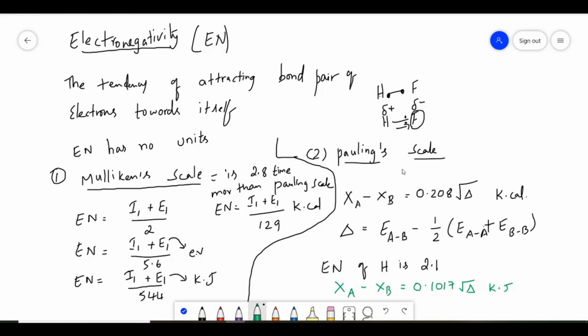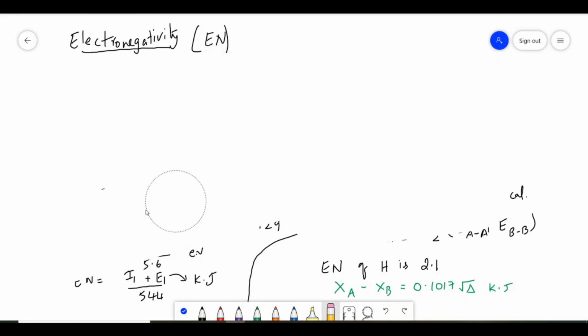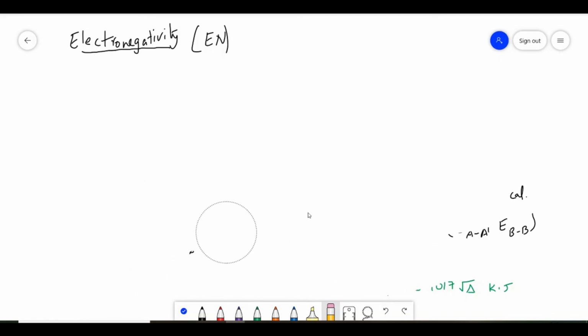And next, after calculating the Mulliken scale and Pauling scale, we can know how the electronegativity will vary in a group and period. So in this, the electronegativity definition is important, and the Mulliken scale is 2.8 times more than the Pauling scale.